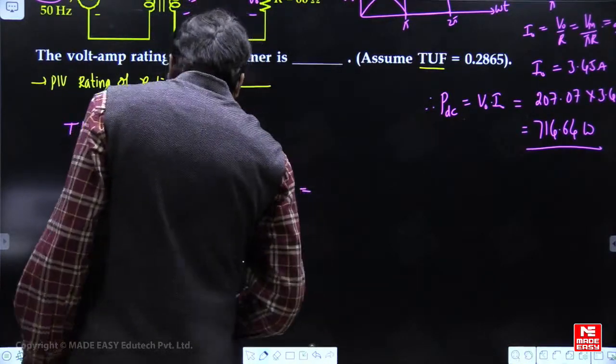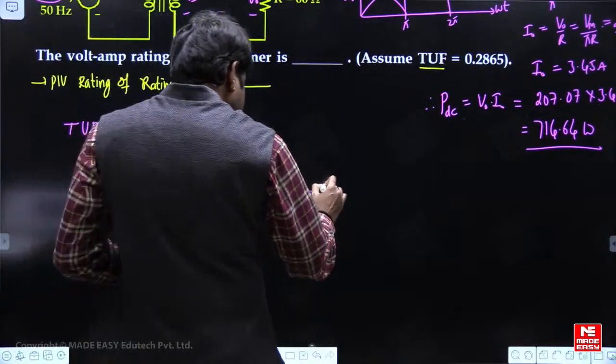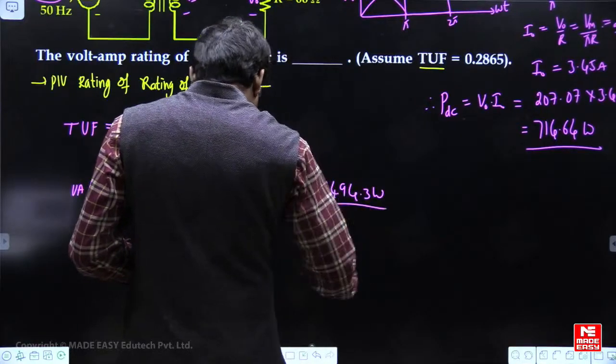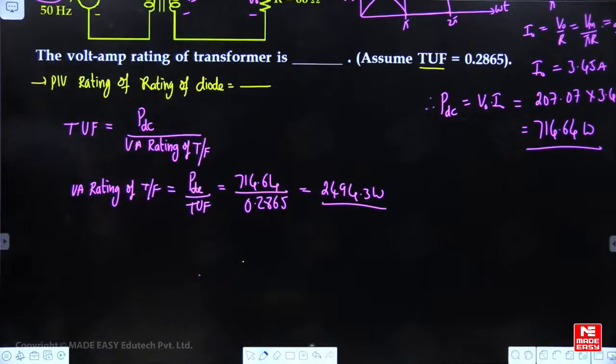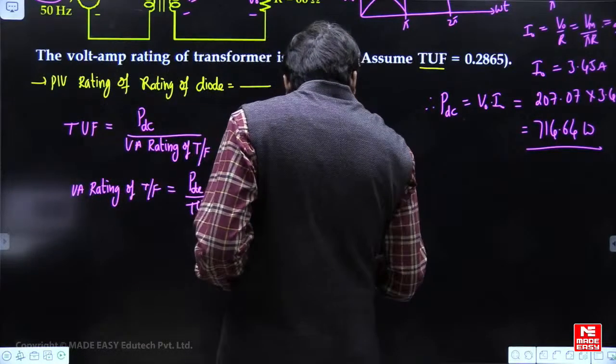Let us calculate this value. How much are you getting? 2494.3 volt amperes.